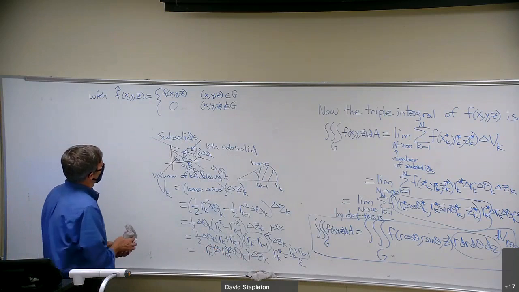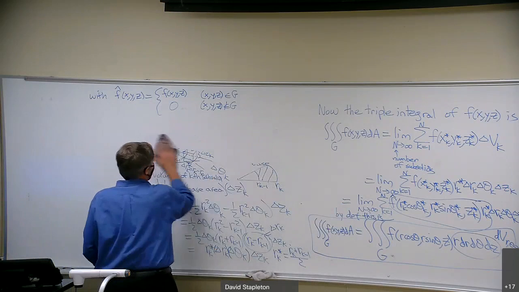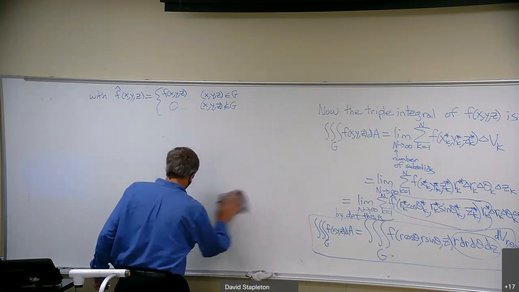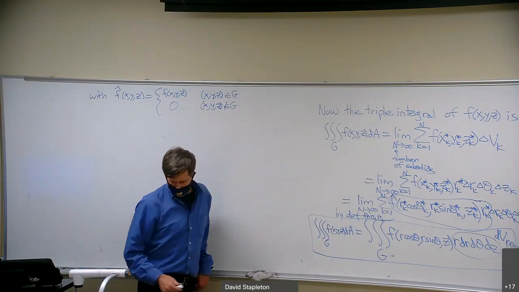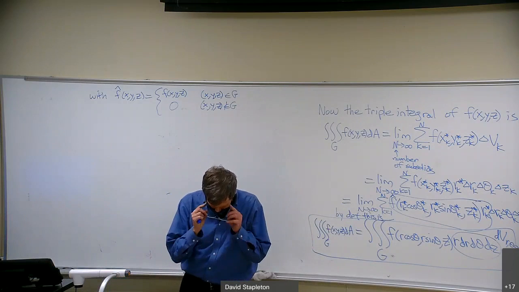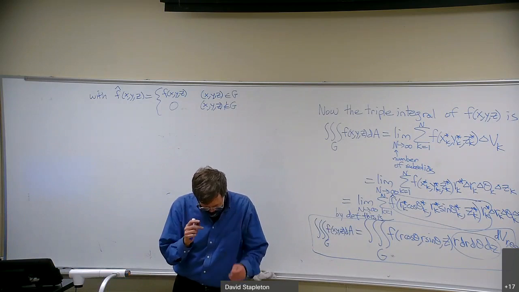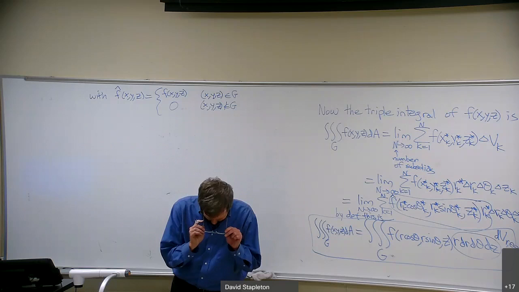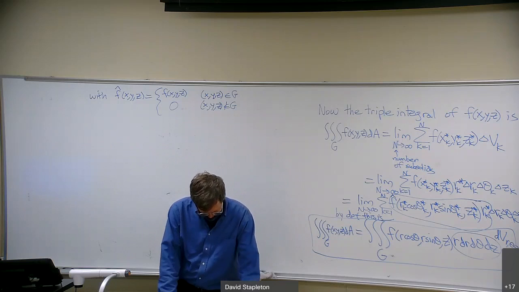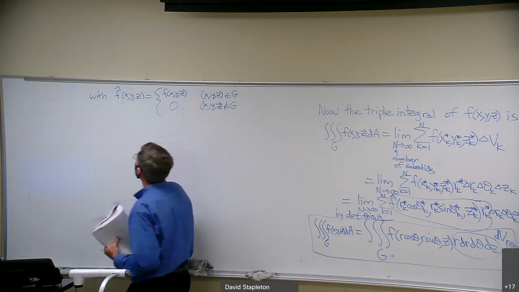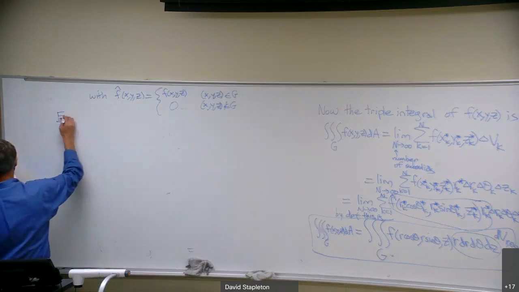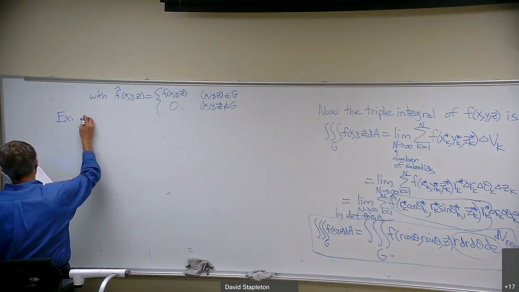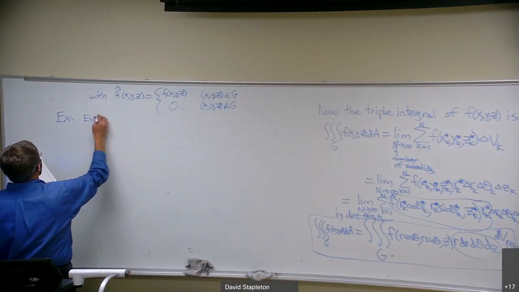interesting kinds of things. And here's the first kind of example you want to be able to do for the homework. It's not uncommon to come up with this kind of triple integral in rectangular coordinates and have trouble with it until you convert it to cylindrical coordinates. Suppose I had to evaluate this following triple integral.